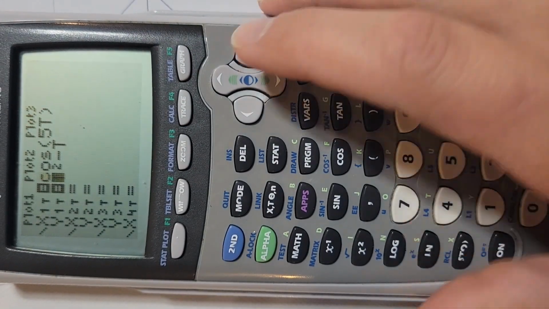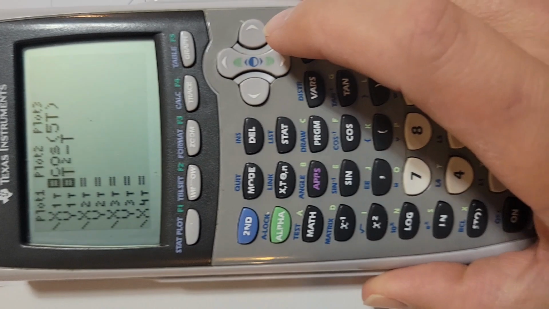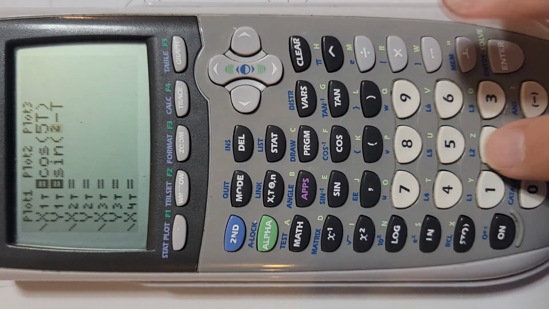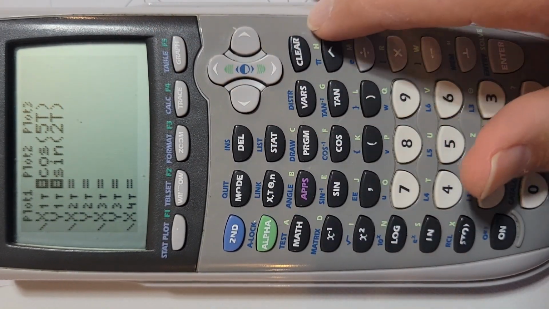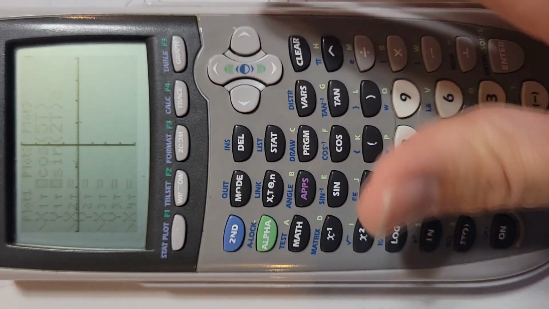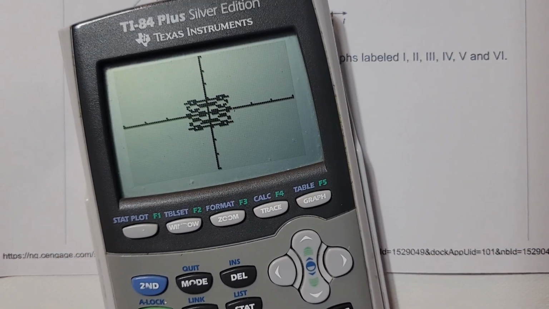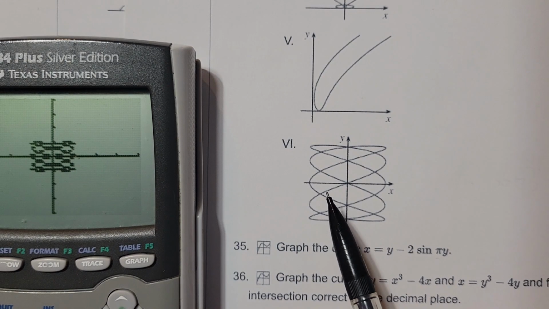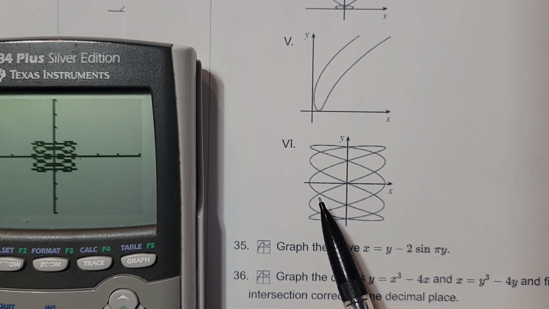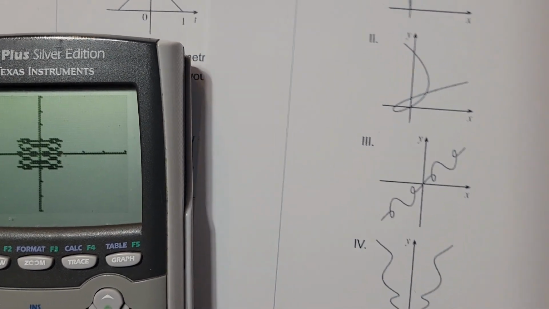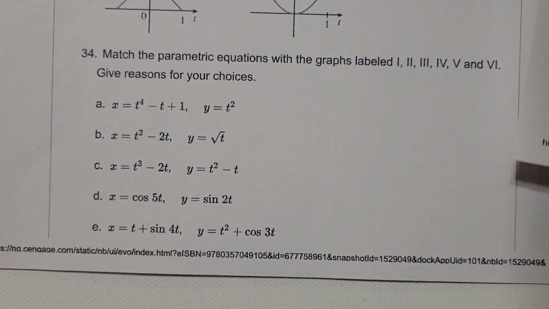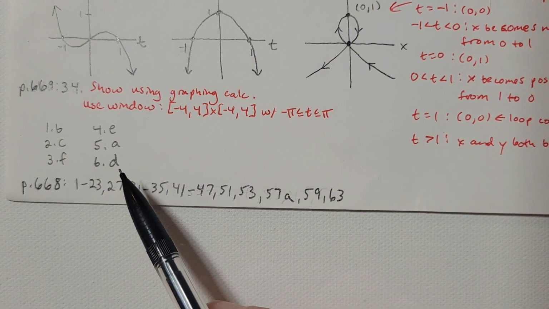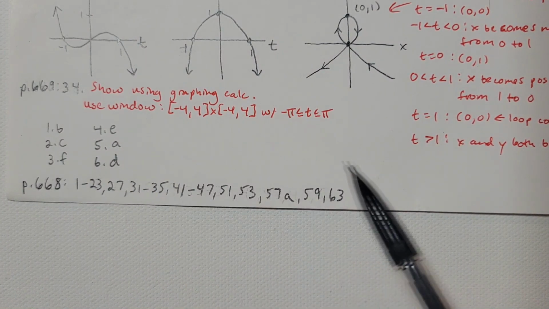I got cosine 5t and then sine of 2t, and we'll go ahead and graph that. Okay, so which one has that one? It looks like the information in graph 6. So graph 6 is going to go with D.